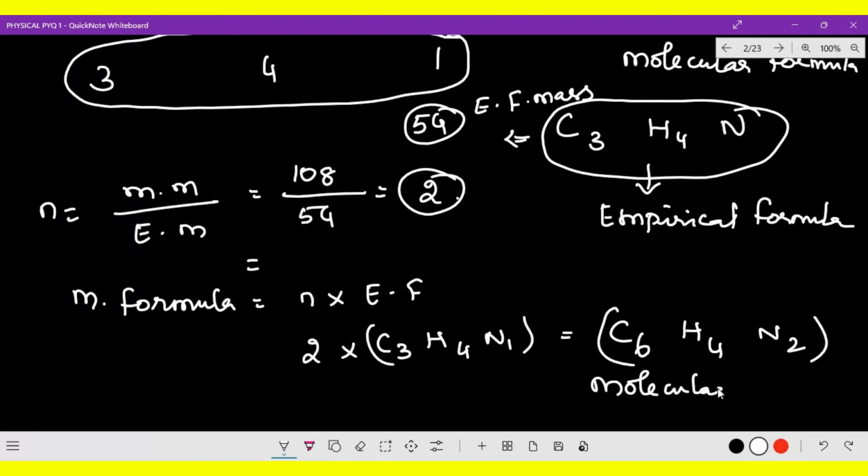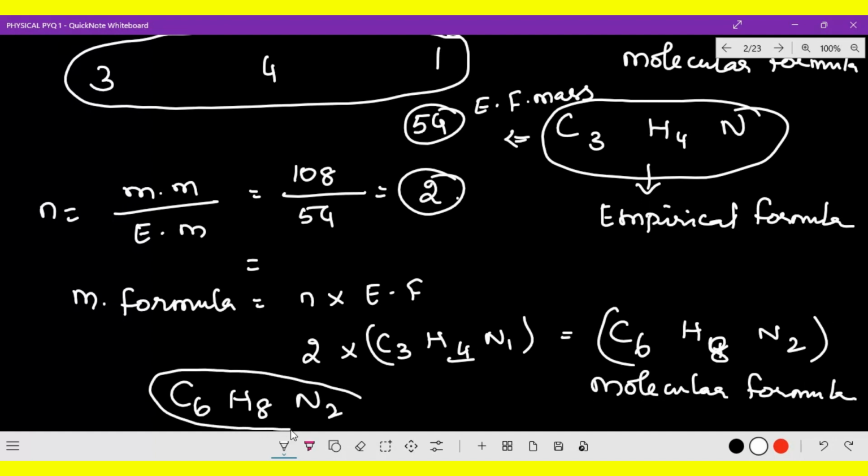I hope you got the clarity about this too. Both also come the same. So 4 twos are 8, C6H8N2. This is the molecular formula.